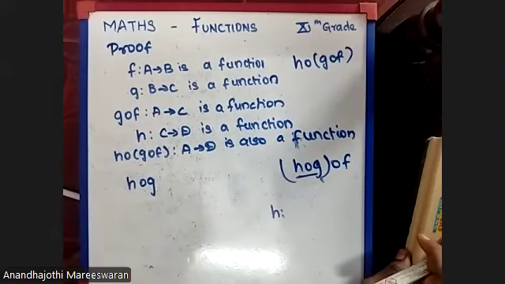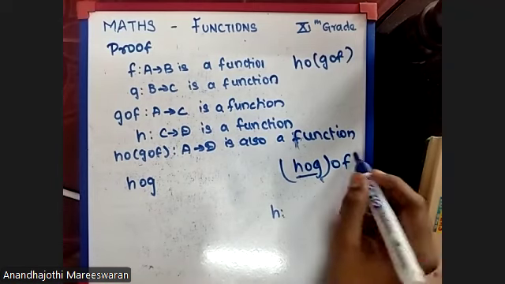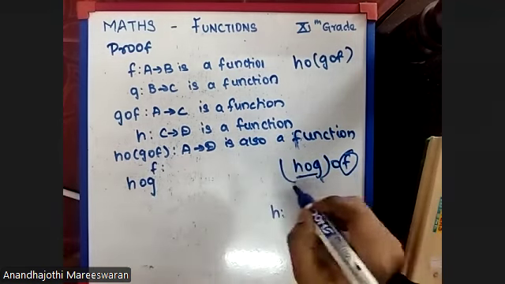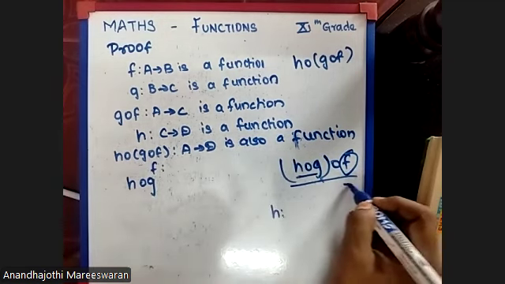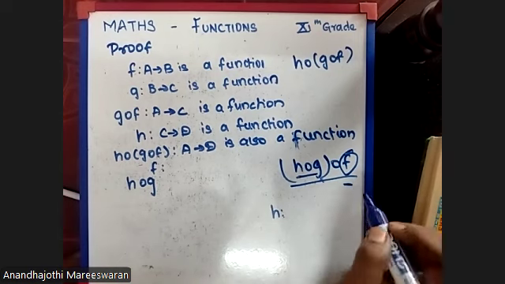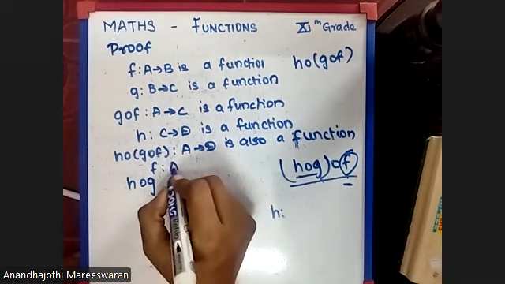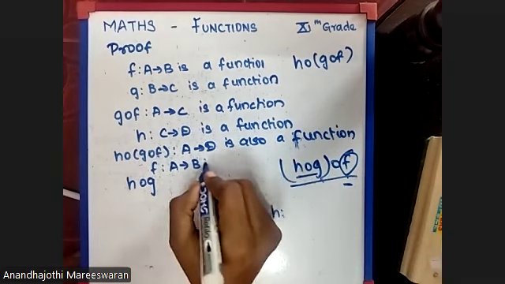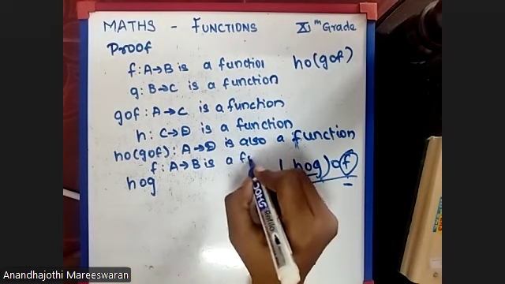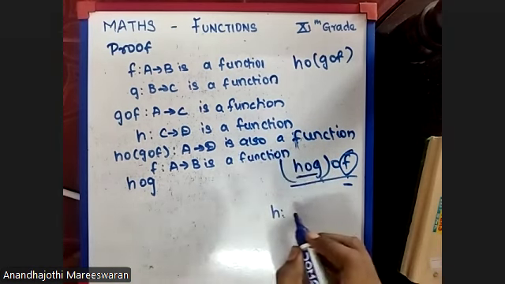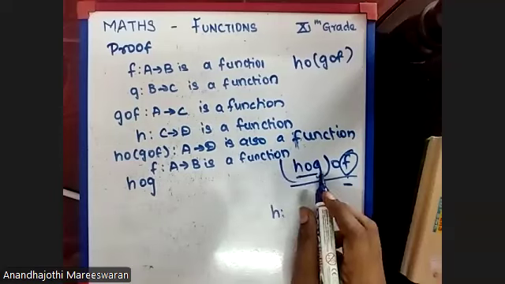No, according to this rule, first we have to write it for F. While finding the domain, we start from the rightmost function. Who is at the right? F. F maps A to B, a function. Done.